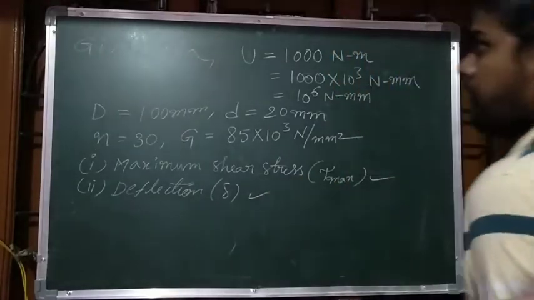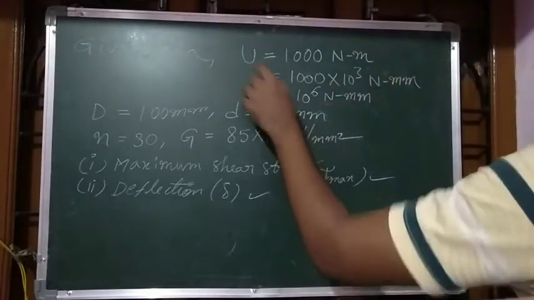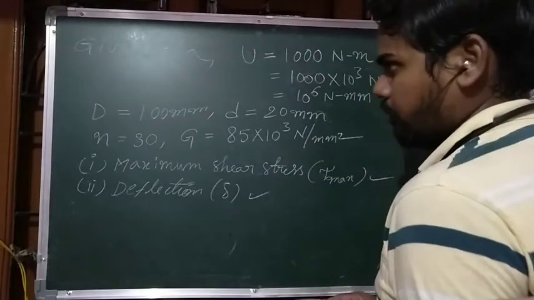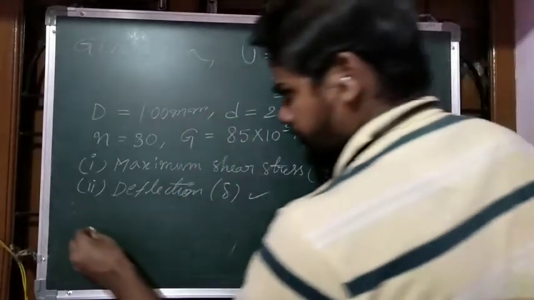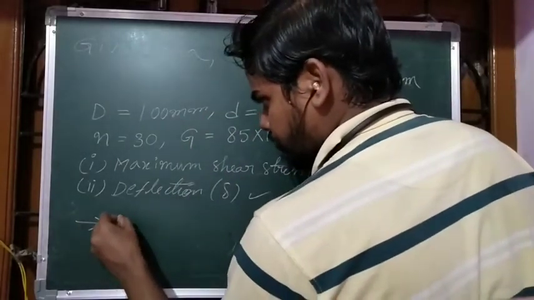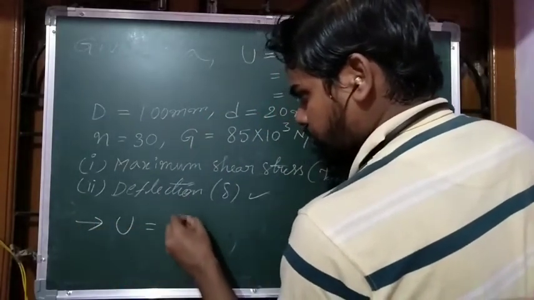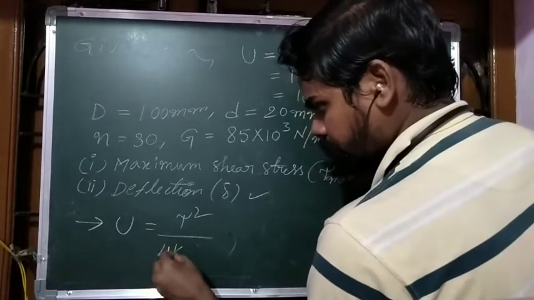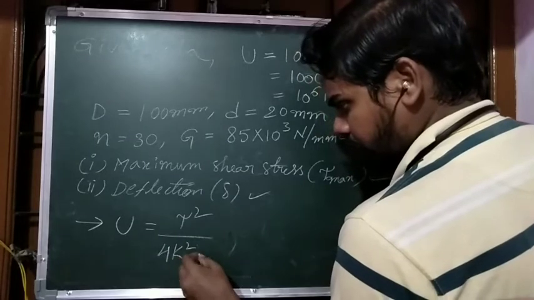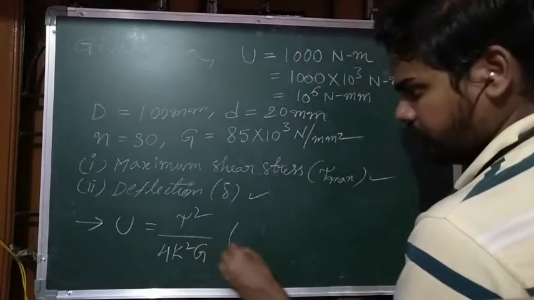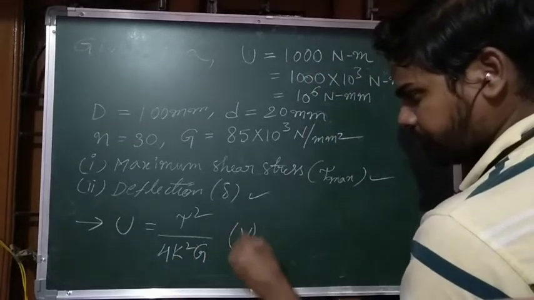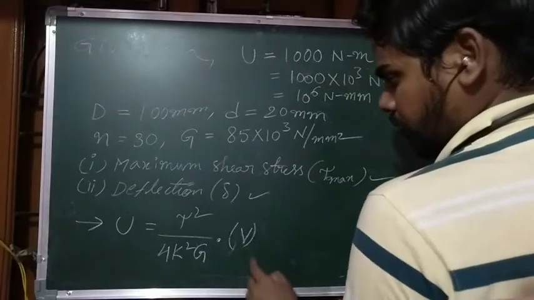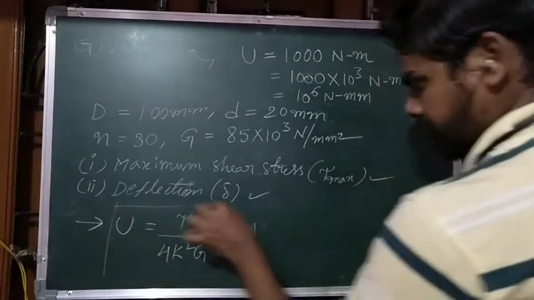Now, how to solve this problem? First of all we know that the energy stored U is equal to tau square divided by 4K square G into V, where V represents the volume of the spring.